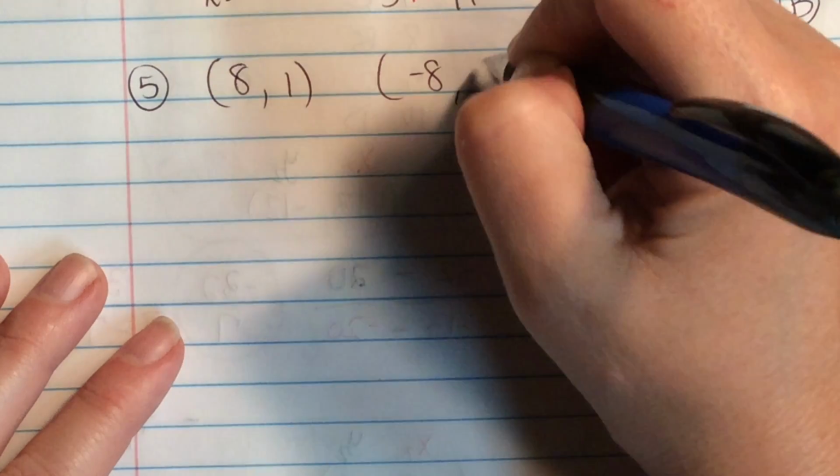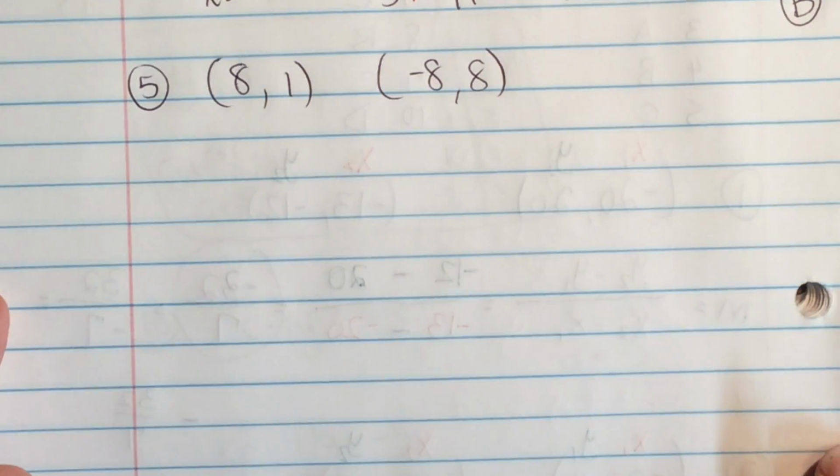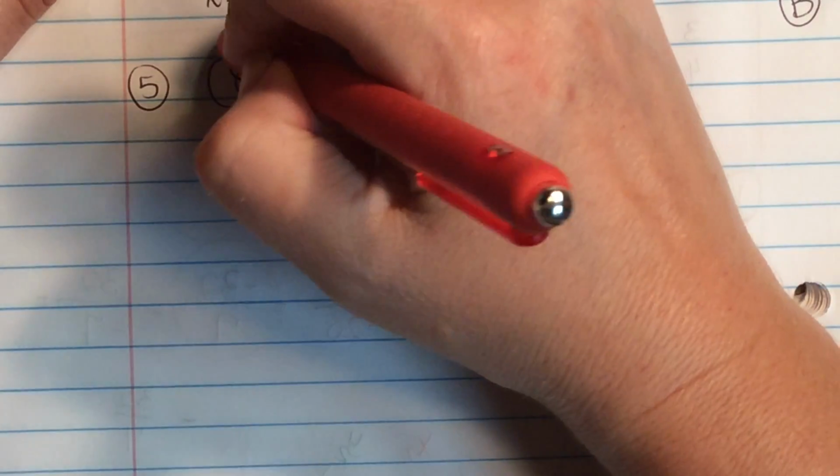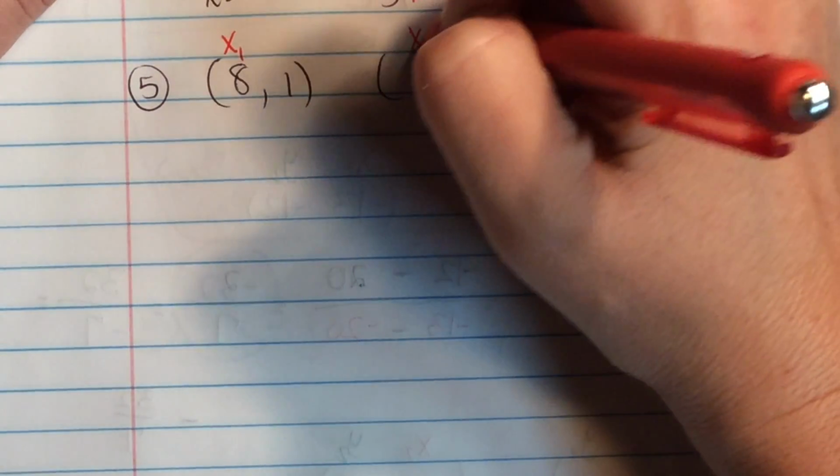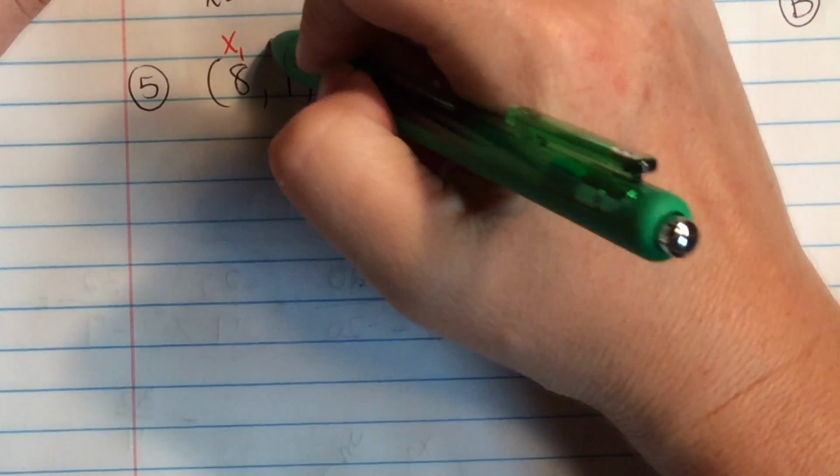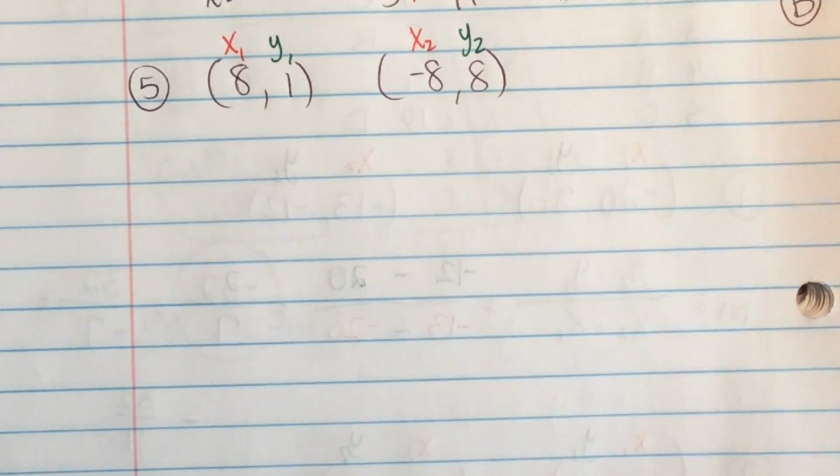Eight comma 1, negative 8 comma 8. So I got x1, x2, y1, y2.